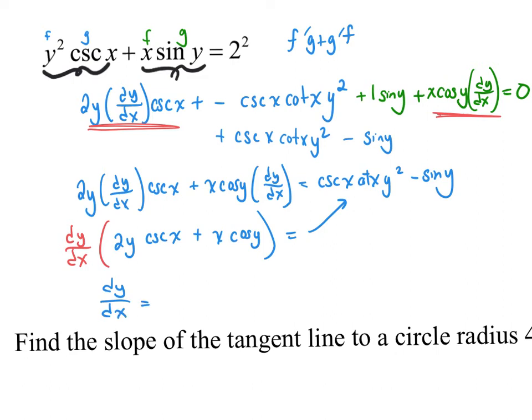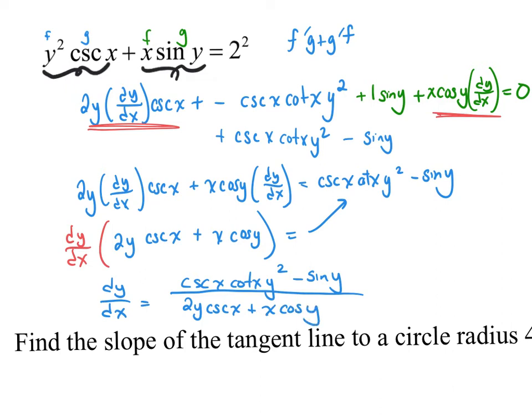So my final derivative is going to be cosecant x cotangent x y squared minus sine y all over 2y cosecant x plus x cosine y. So a really horrible derivative, but this would have been impossible to try to get y by itself. But with implicit differentiation, even these crazy kind of nightmarish functions can be done.